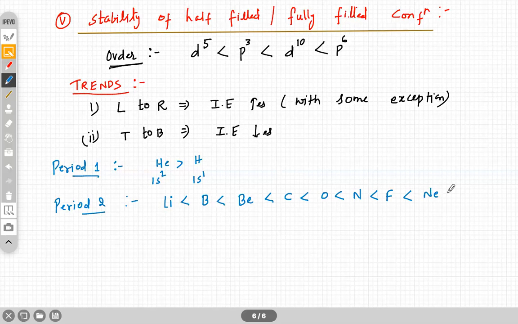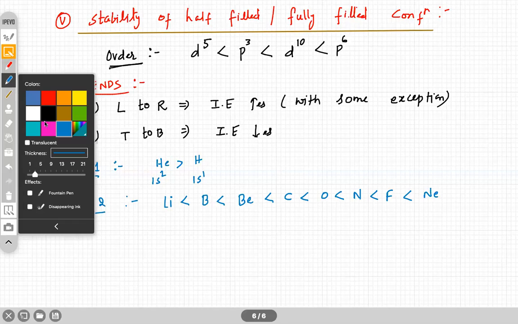This is the order we have. There are a few changes here, you see. The first change is this, boron to beryllium. Ideally boron should be more than beryllium, but we have this order.